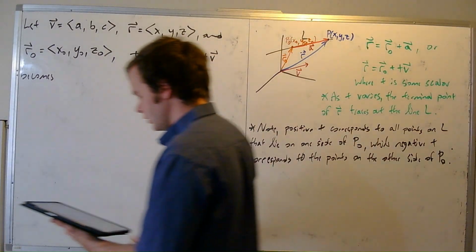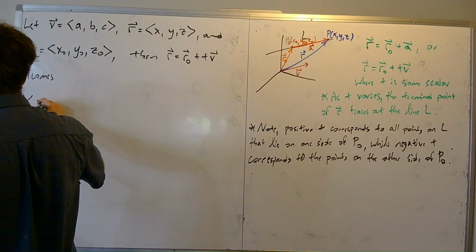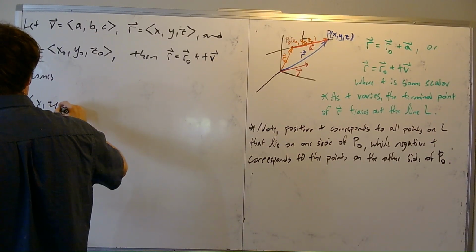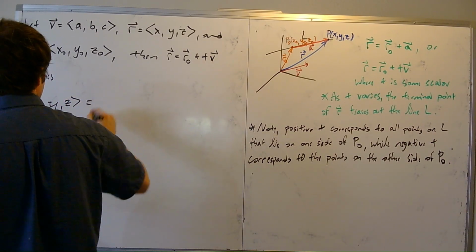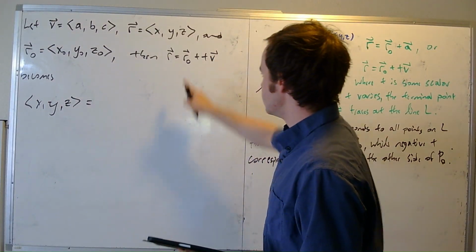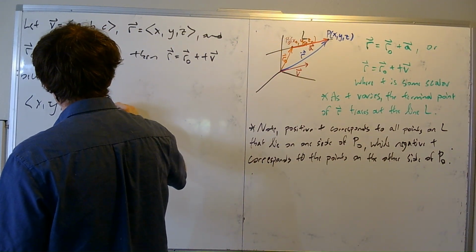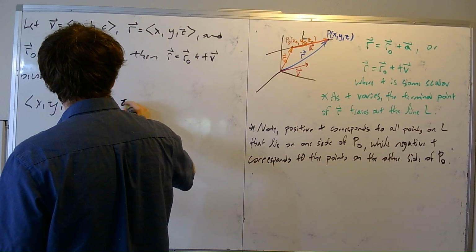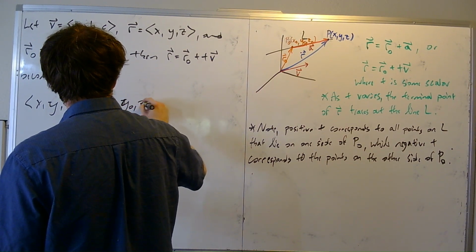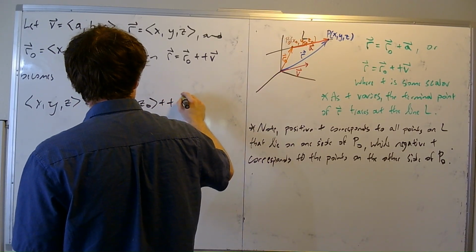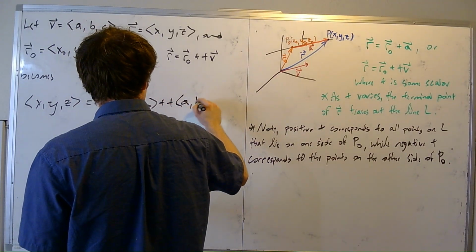If we do that, then we're going to get X, Y, Z. Remember, that was equal to R. And then we plug in R0 and V. So if we do that, we're going to get X0, Y0, Z0 plus T times A, B, and C.